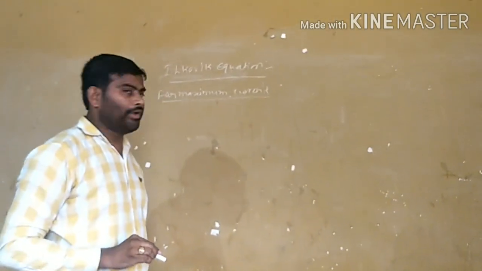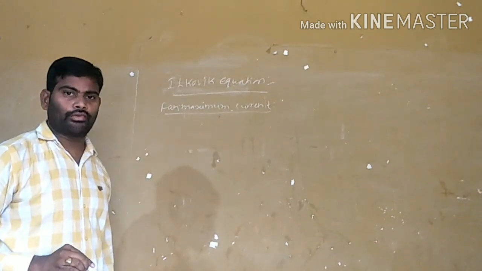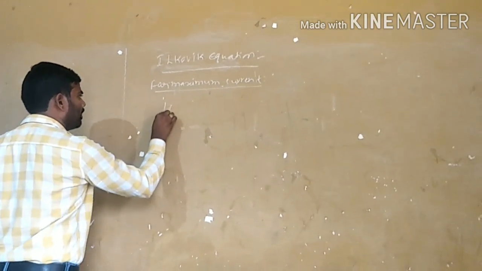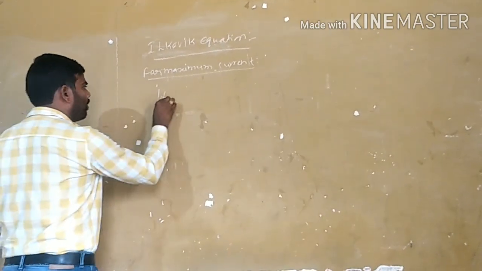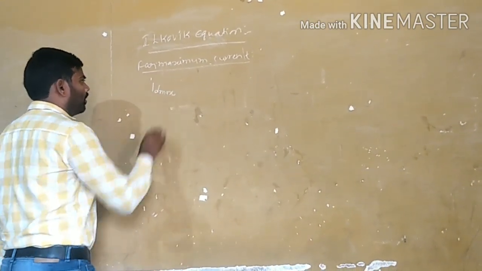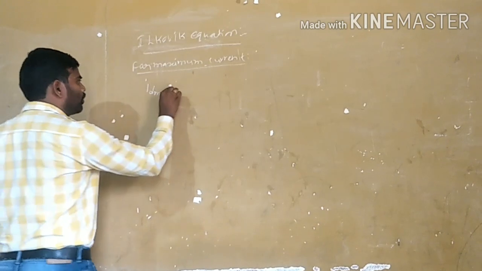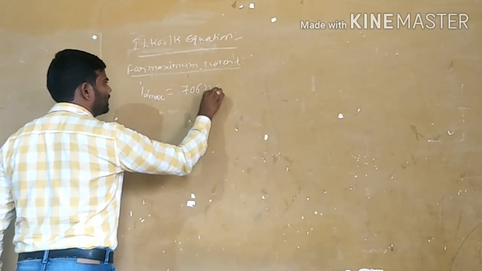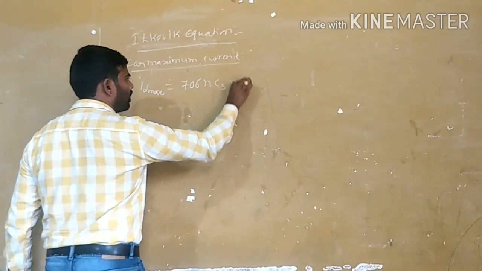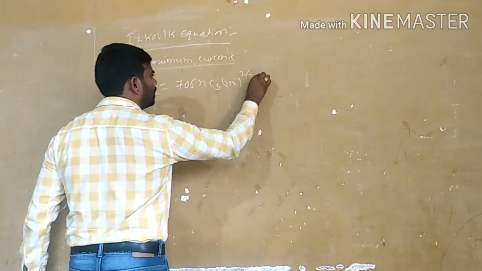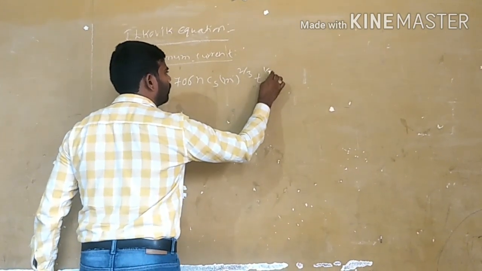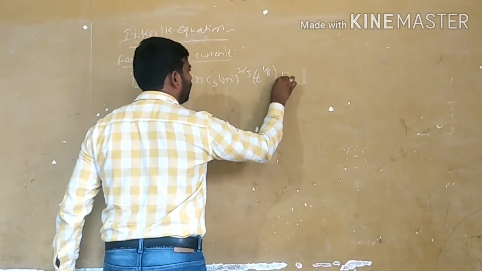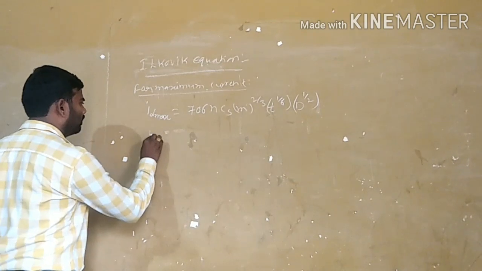That is, ID maximum is equal to 706 n C D^(1/2) m^(2/3) t^(1/6).